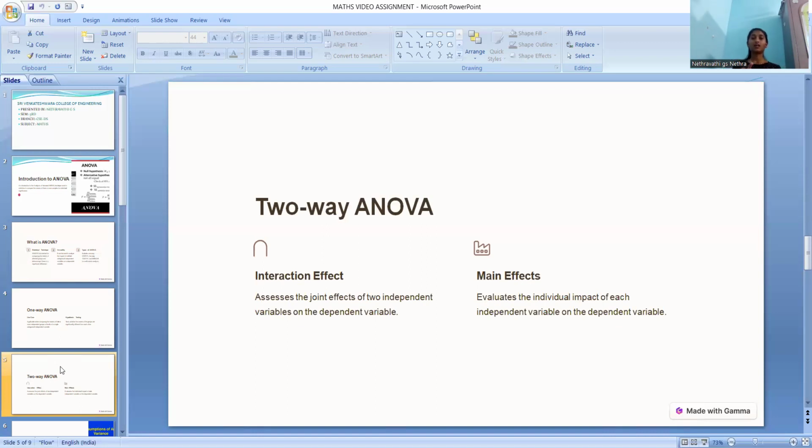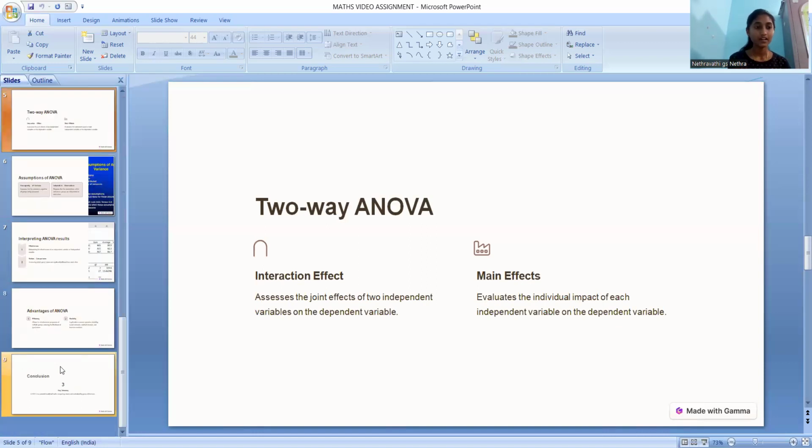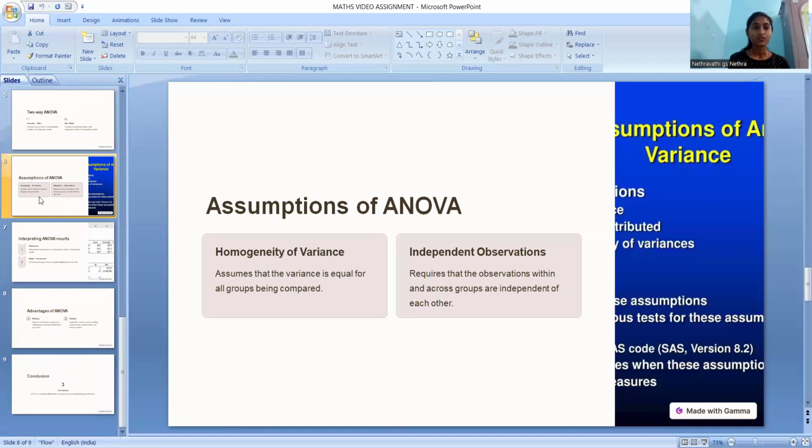That is the way the two-way ANOVA works. And the assumptions of ANOVA that we come across are homogeneity of variance and independent observations. Firstly, homogeneity of variance assumes that the variance is equal for all groups being compared.